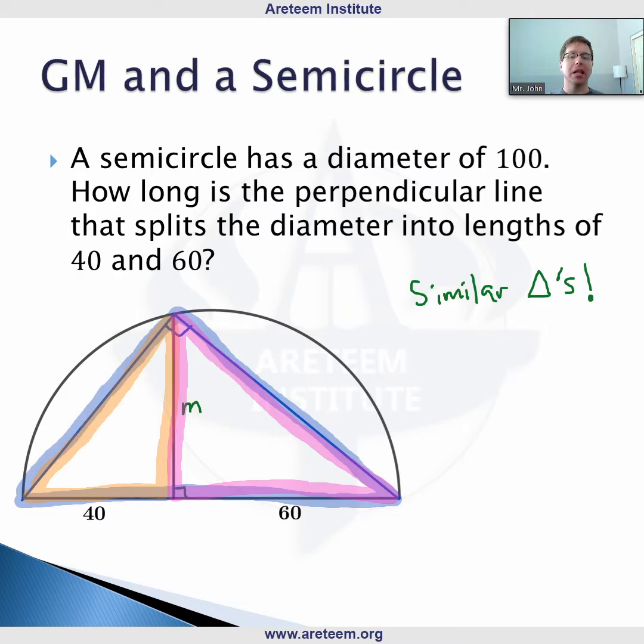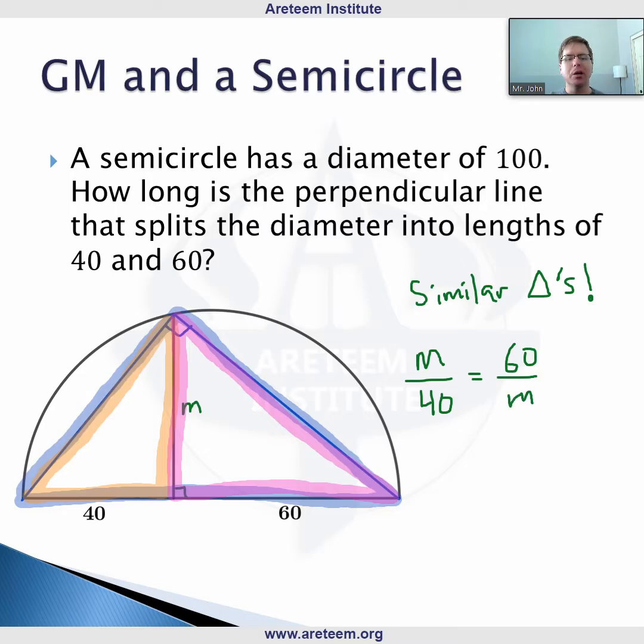But we do know the legs, at least in terms of the variable m, for the pink and the orange triangle. So the ratio of those sides, let's say m divided by 40, is equal to, well, on the other side, these legs are flipped, so we have 60 divided by m.